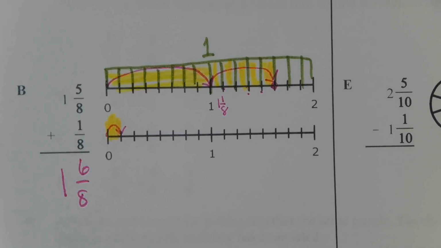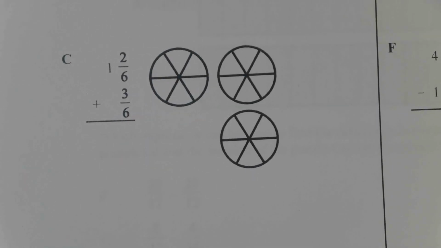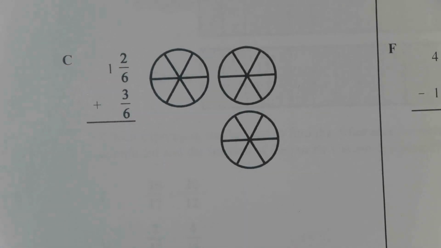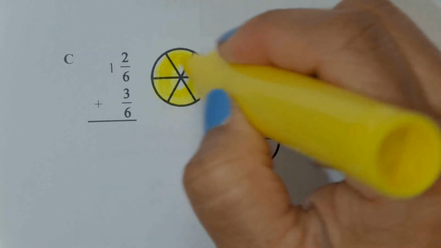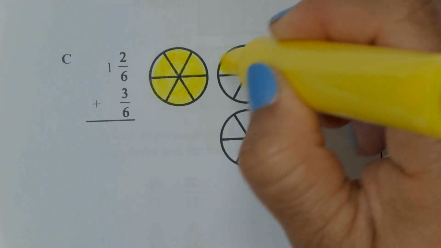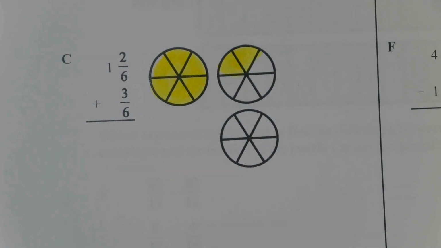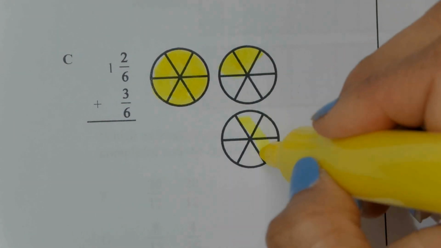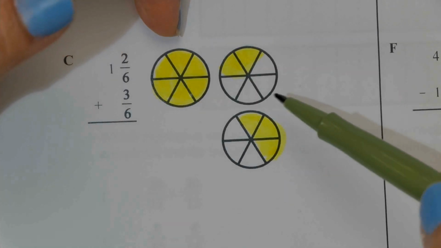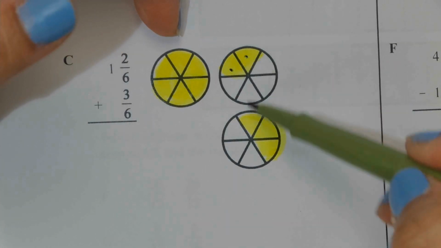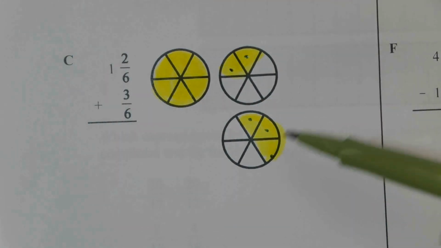Okay, letter C. You are adding 1 whole, 1 and 2/6. So we're going to shade in 1 whole. And then 2/6 plus 3/6. And that equals 2, 1 whole, and 1, 2, 3, 4, 5/6.